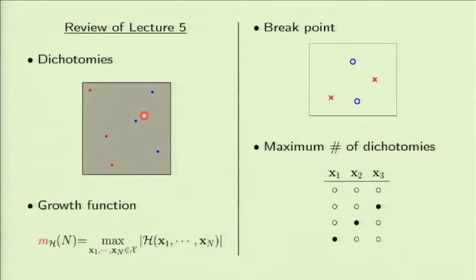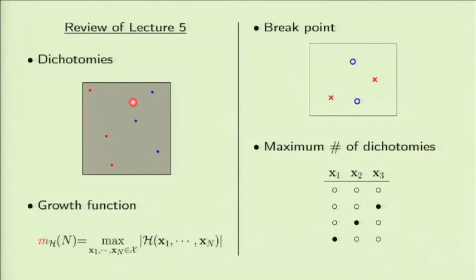So if you think of the purpose for the dichotomies, we had a problem with counting the number of hypotheses because we end up with a very large number. But if you restrict your attention to dichotomies, which are the hypotheses restricted to a finite set of points, the blue and red points here, then you don't have to count everything that is happening outside.